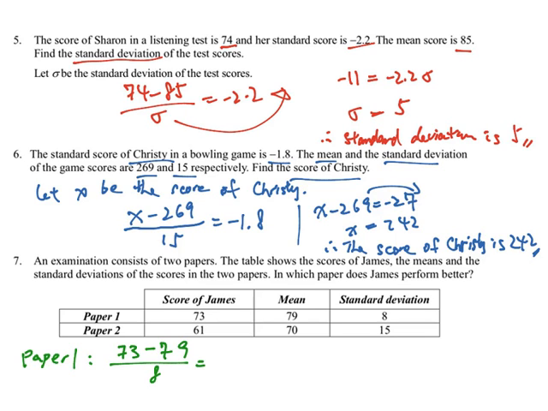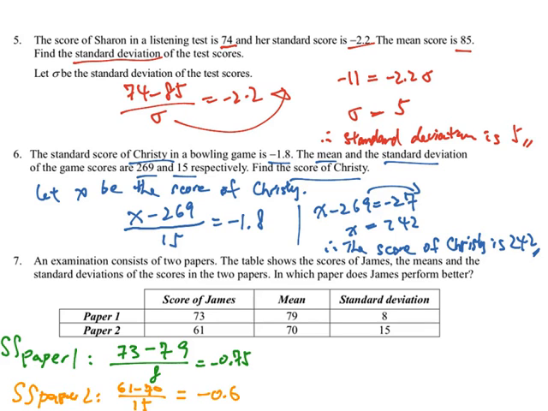So the standard score is equal to negative 0.75. It is the standard score of paper 1. And for paper 2, 61 minus 70 over 15, so it is equal to negative 0.6.